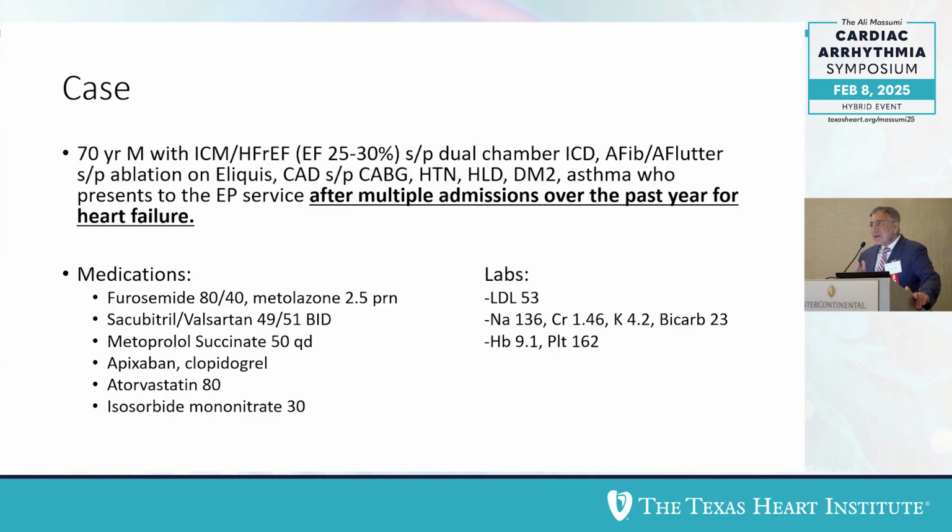This is all about preemptive prevention of heart failure. He's on good medication, typical chronic therapy for heart failure, he's on beta blocker, on Entresto, and everything. So what do we do with this?